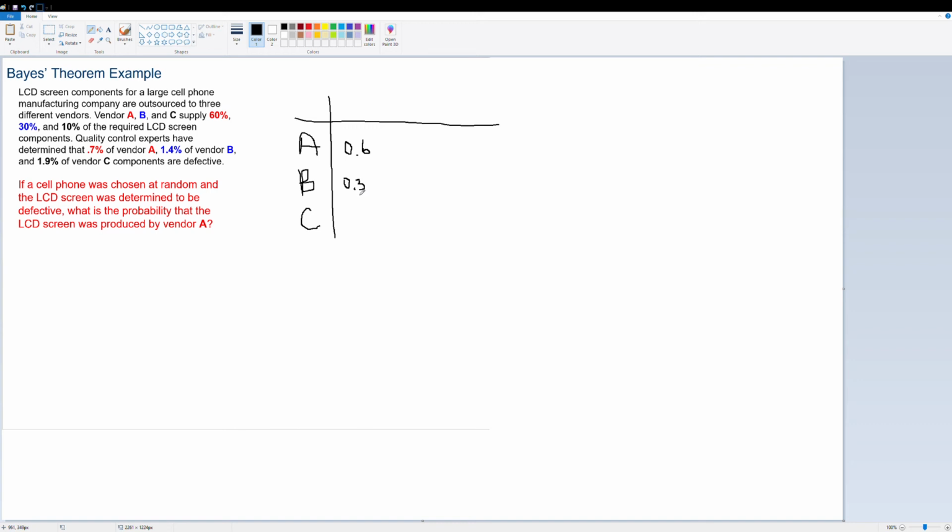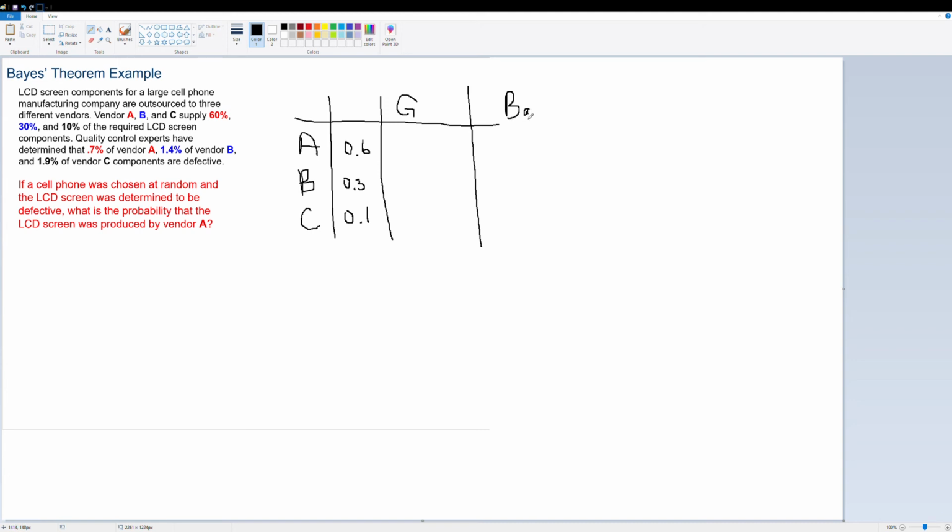You have to excuse my handwriting. And vendor C supplies 10% or 0.1. And so the total of these 3 here is 1 or 100%. So I have good parts for each vendor, and I have defective parts, or I'm going to say bad parts.